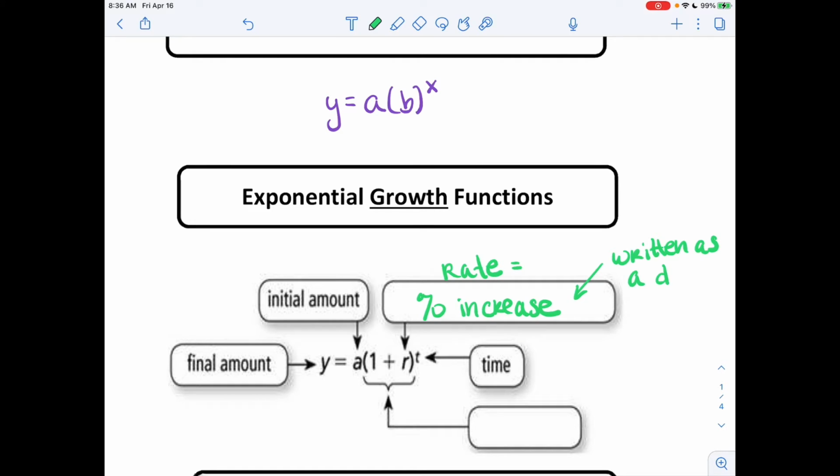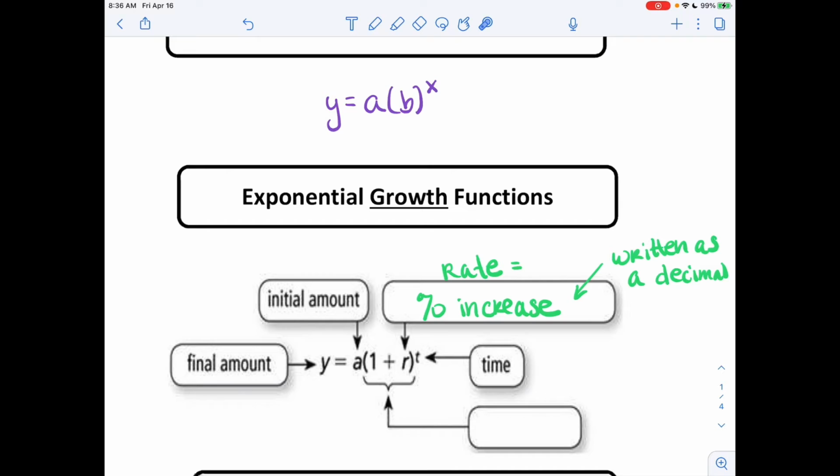And we'll go over how to do that just to remind you here in a little bit when we do an example. We still have a, our initial amount, and y is our final amount. t now, instead of x, is being used as the exponent because that is going to stand for time now.